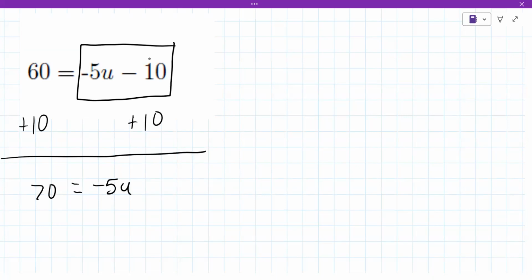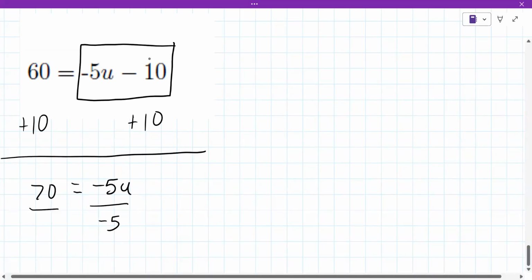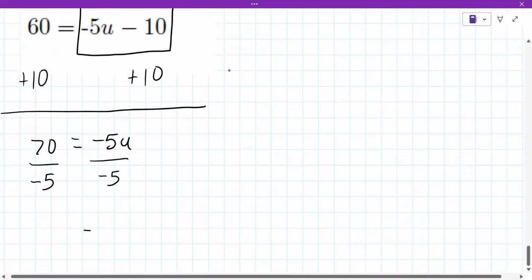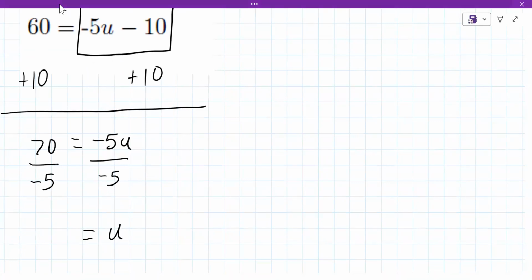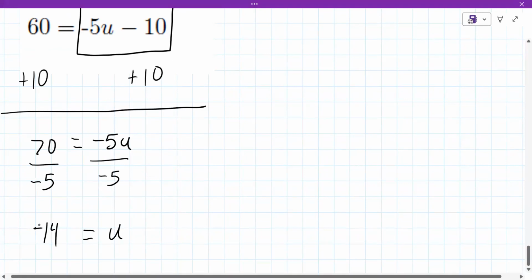So you divide by -5, like that. So what does u equal in this case? What is 70 divided by -5? -14. Yes.